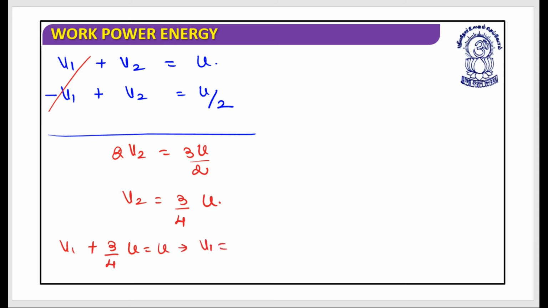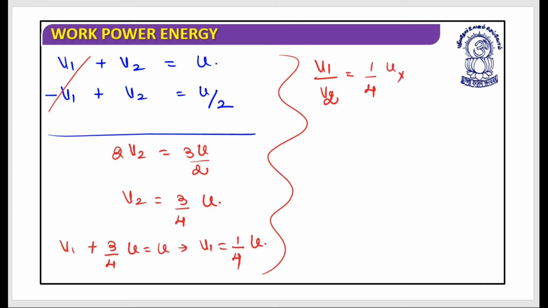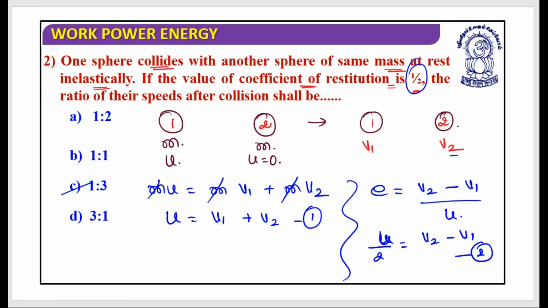So v1 equals u minus 3 by 4 of u, which is 1 by 4 of u. So when I take the ratio v1 is to v2, it's 1 by 4 of u divided by 3u by 4. The u has cancelled, the 4 has cancelled, and this equals 1 is to 3. So this would be the answer, 1 is to 3.